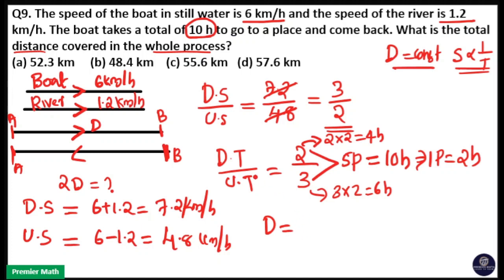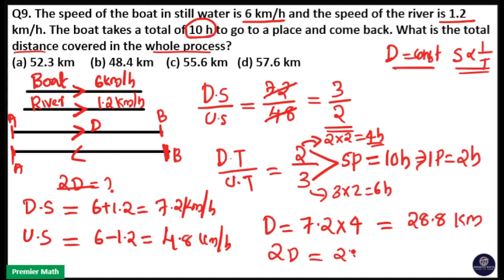Taking the downstream speed 7.2 and the downstream time 4 hours, that is equal to 28.8 kilometers. Then we have to find 2d, which is double of 28.8, that is 57.6 kilometers. So option D is your answer.